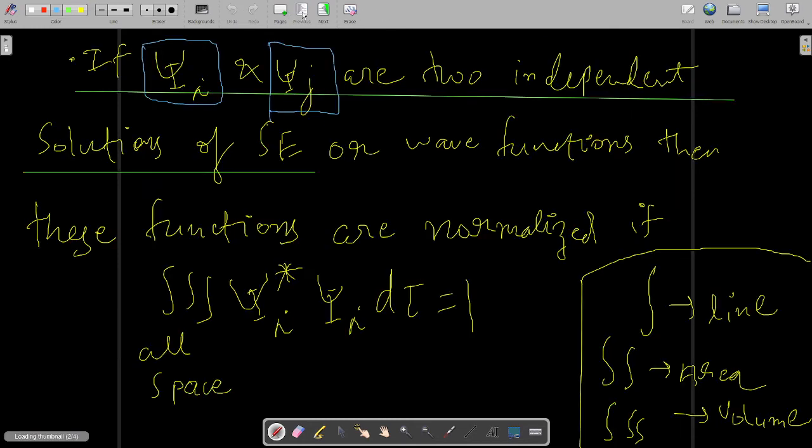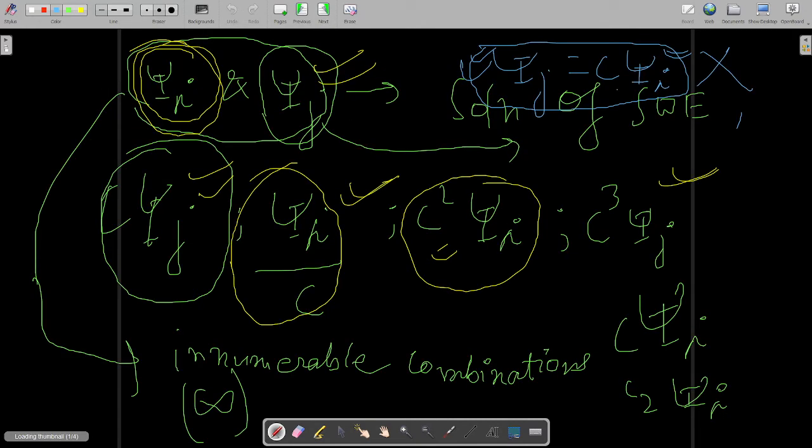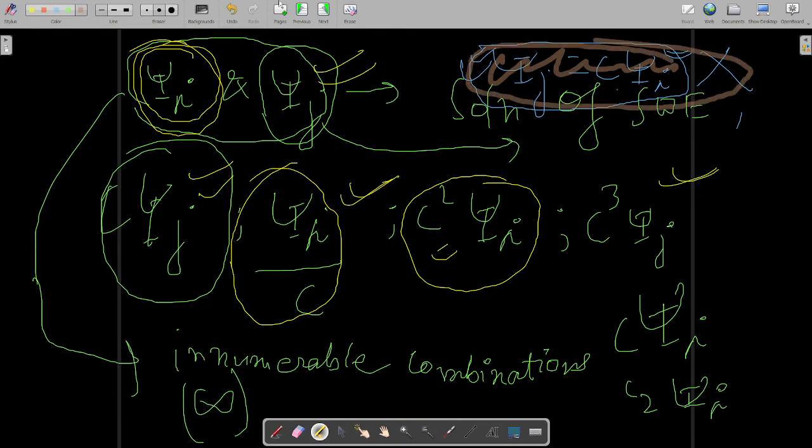Independent means both of them cannot be written with an equality sign between them. A relation of this kind cannot be written between them.